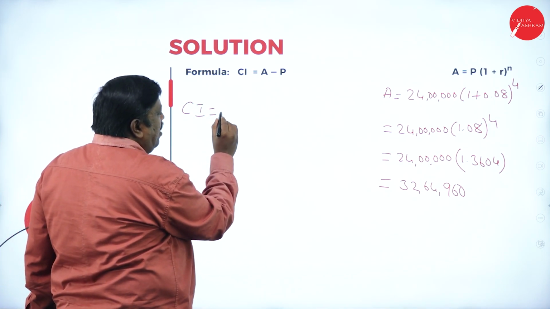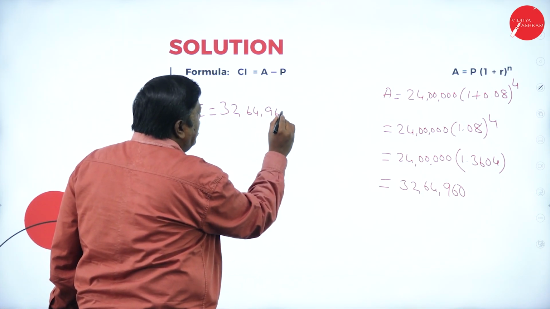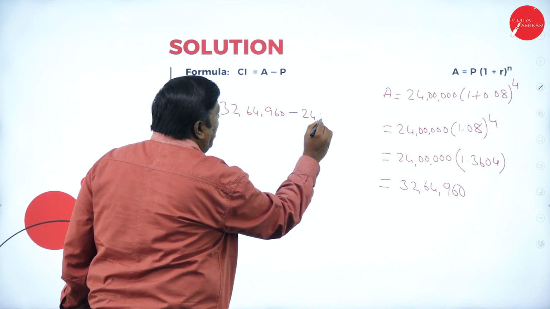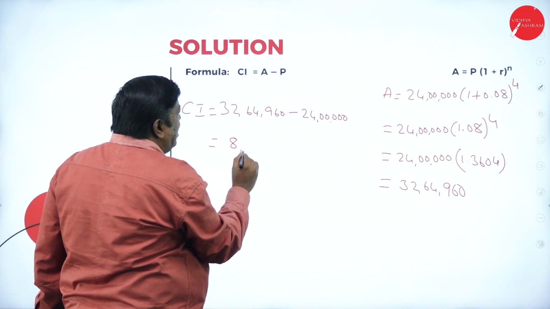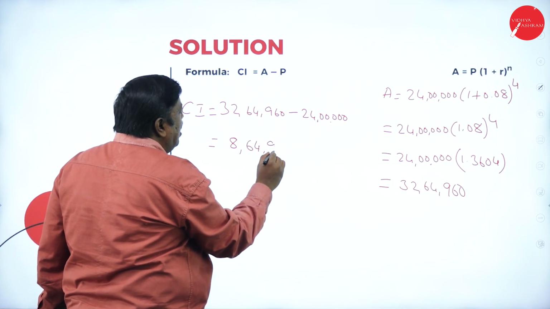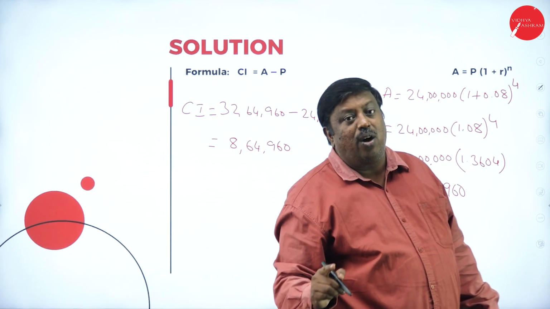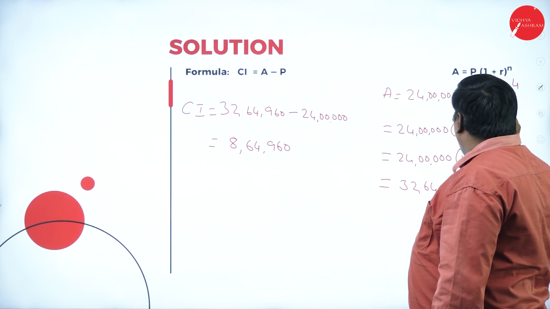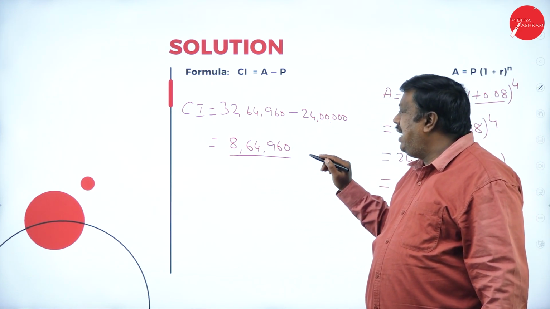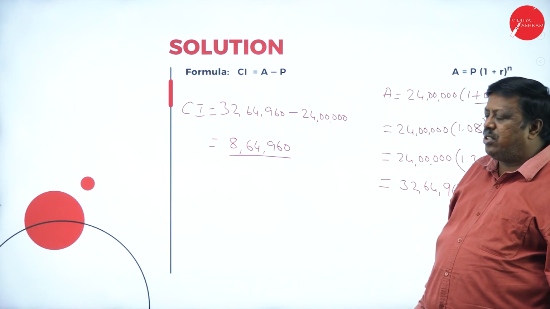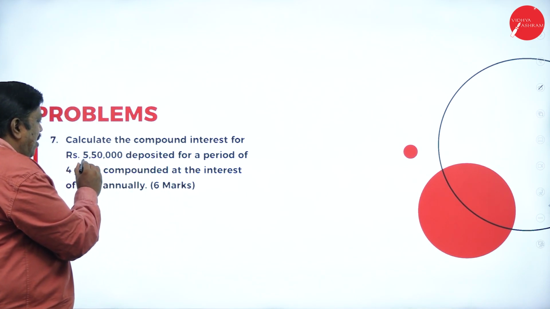Compound interest is equal to 32 lakh 64,960 minus 24 lakhs. So it will be 8 lakhs 64,960. If I deposit 24 lakhs for a period of 4 years at the rate of 8%, the amount of interest I earn here is 8,64,960.